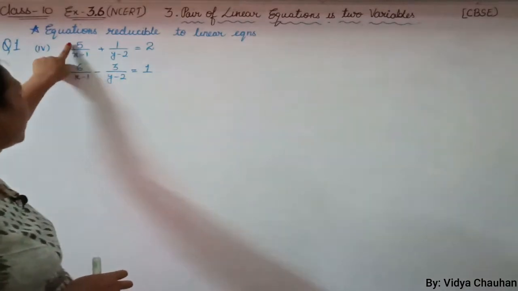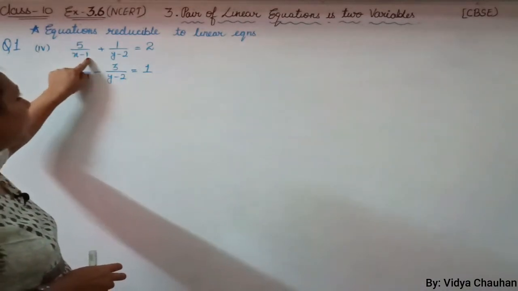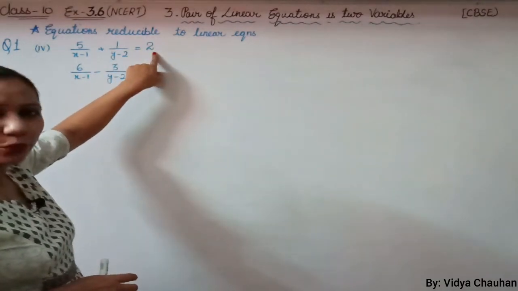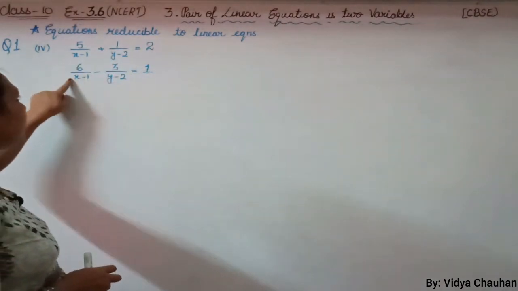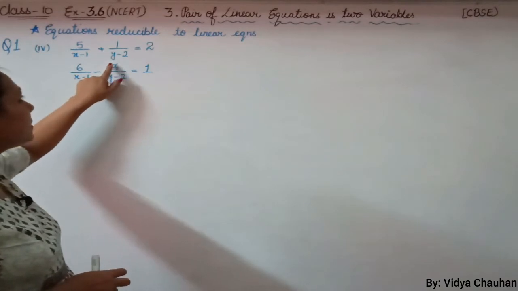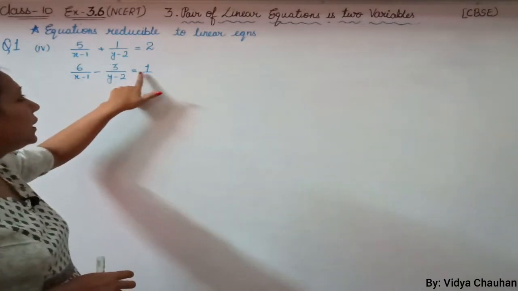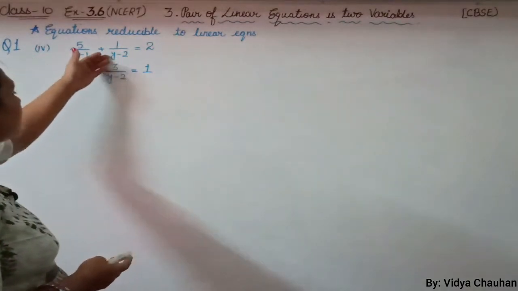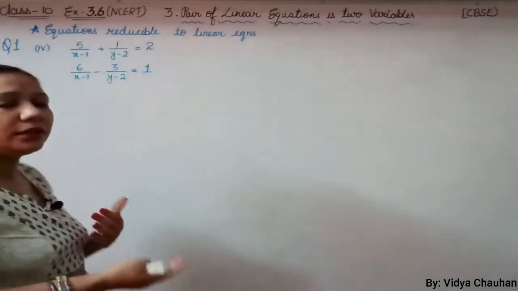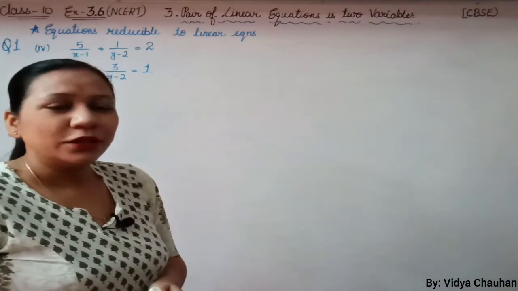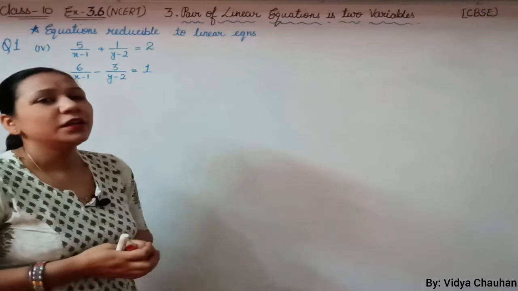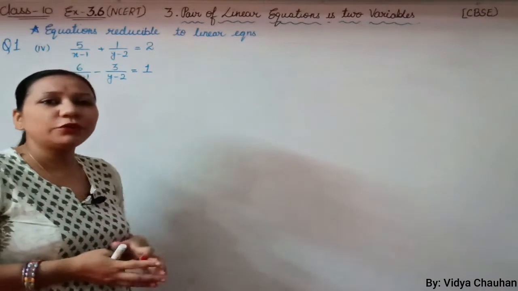Our first equation is 5 upon x minus 1 plus 1 upon y minus 2 equals 2. The second equation is 6 upon x minus 1 minus 3 upon y minus 2 equals 1. You can see that there are variables, but those variables are in the denominators. So these are not actually linear equations. How can we solve these types of equations?